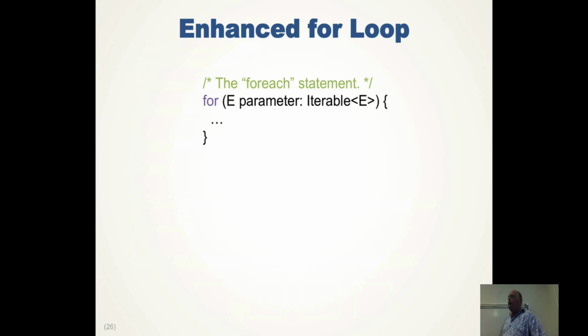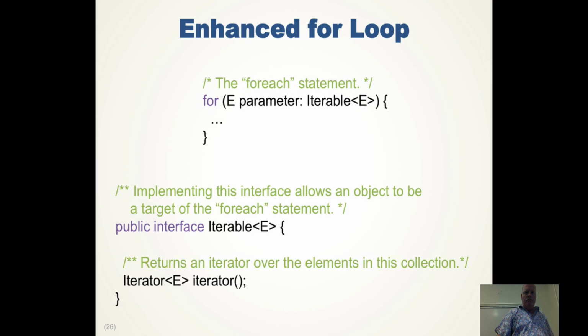And the enhanced for loop, this will be on the exam. You can do a for loop on something that is iterable. That just means that we're going to use the iterator method on that object to get each of these items, because the Iterable interface has one method called iterator, which returns an iterator on that collection.